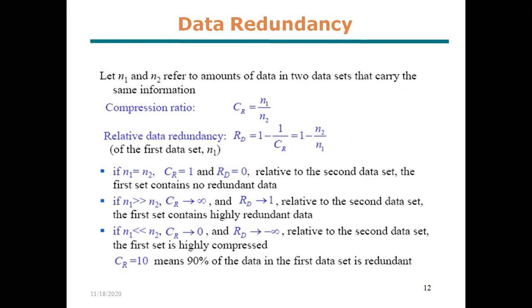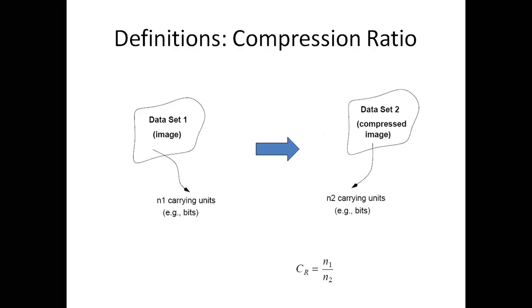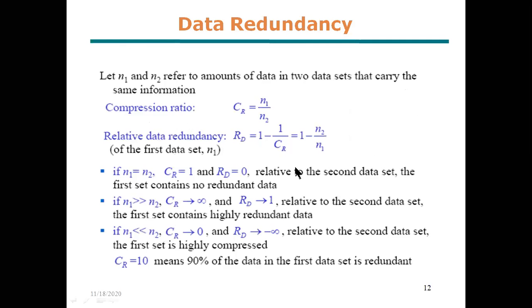Let N1 and N2 refer to the amounts of data in two data sets that carry the same information. Here data set 1 is carrying N1 units, and data set 2 is carrying N2 bits.